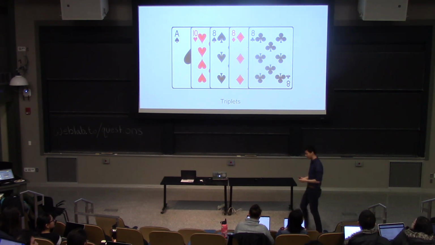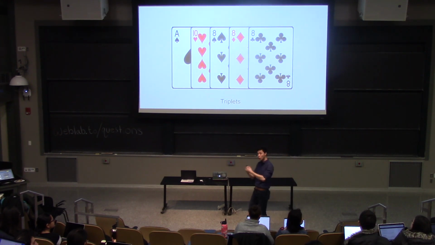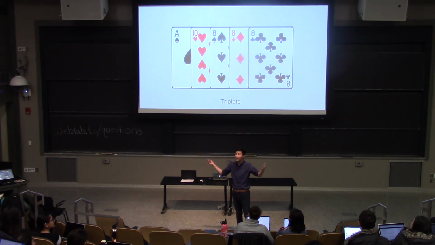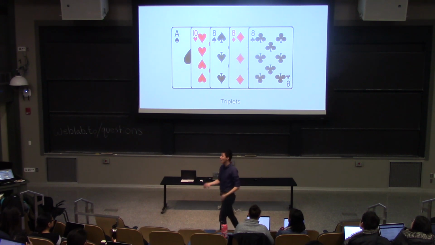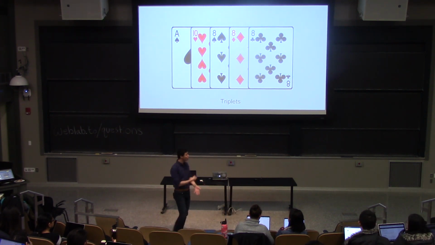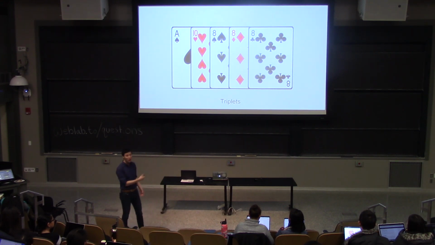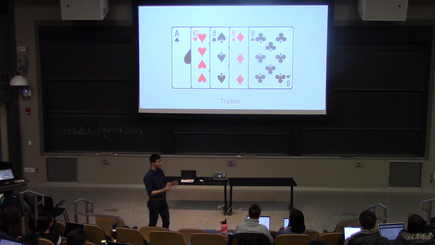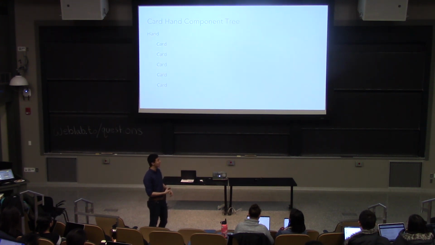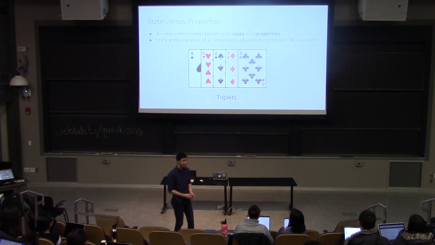And these characteristics are what makes the user interface show us certain things. So in this case, because they're triplets, we show that it's triplets. And because this one is of suit clubs, we show that there are clubs here. And we call these characteristics properties and states. Okay.